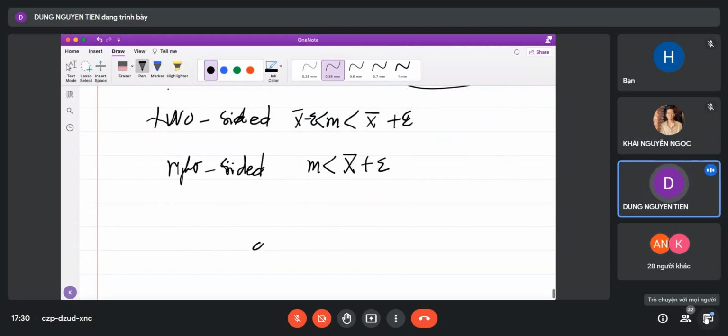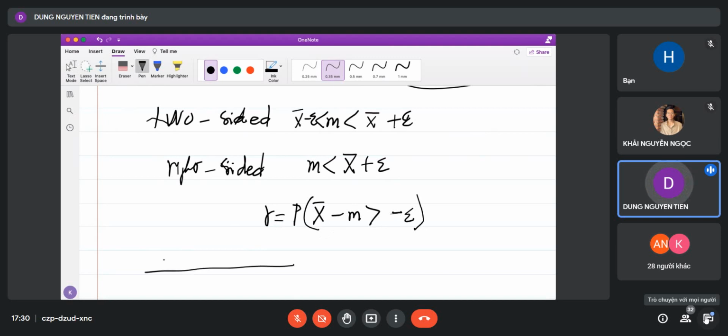Then you can see that m is less than this. So x bar minus m should be greater than minus epsilon. And you deal with the probability that this inequality is true, and you denote it by gamma.